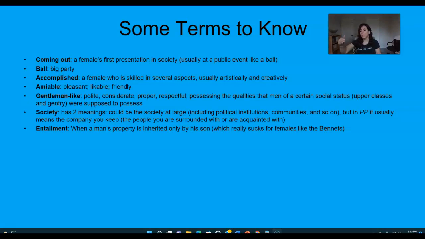And then as we go along, I will introduce a little bit more of these glossary words that I think you need to know in order to better understand Jane Austen's society. So please, if you want to create a study guide for yourself, if you want to quiz yourself every now and then on what these words mean in Jane Austen's world in the context of her novel, then go ahead and use this slide for your benefit.